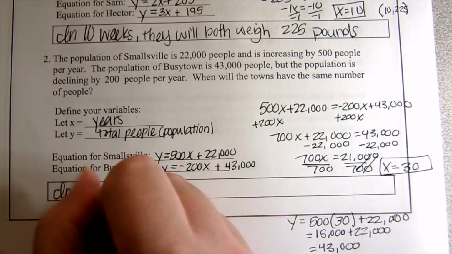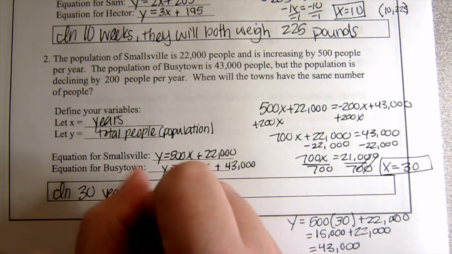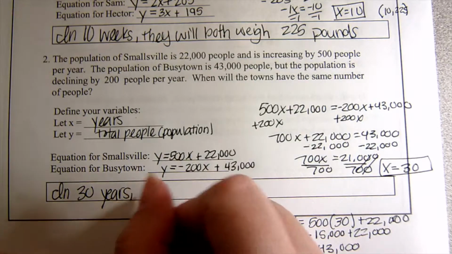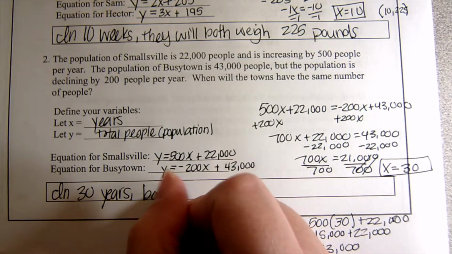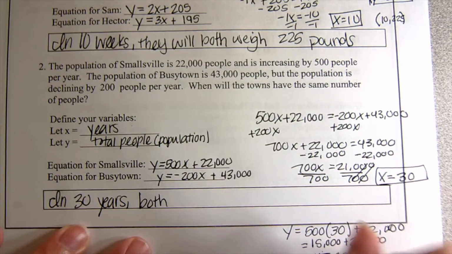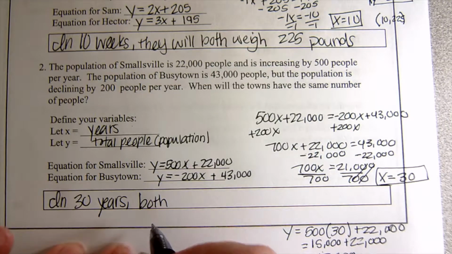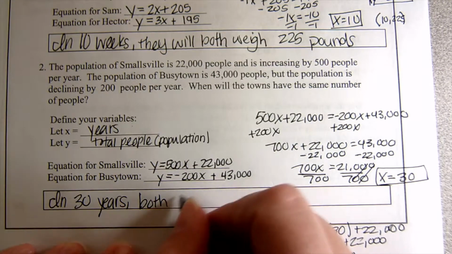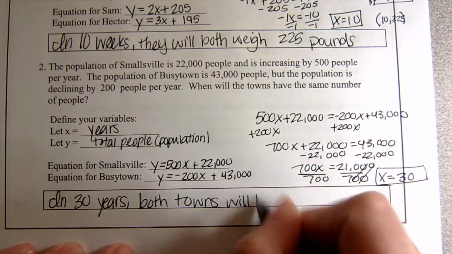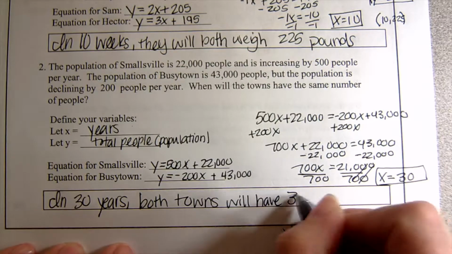In 30 years, both towns will have 37,000 people.